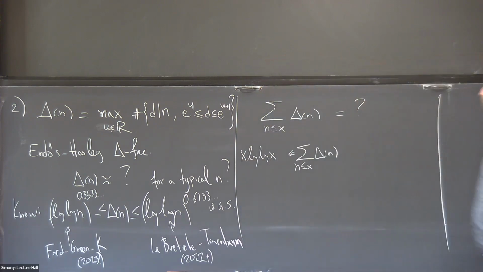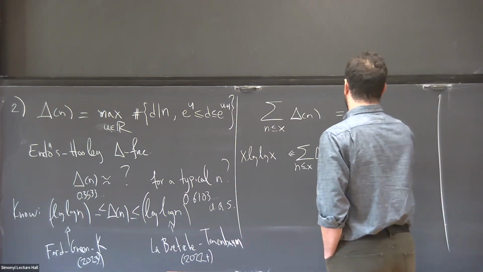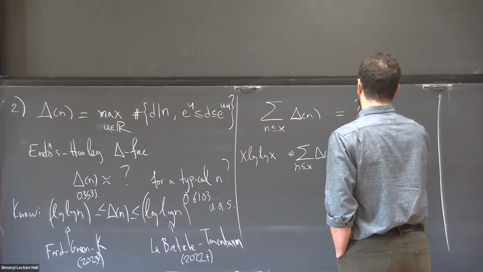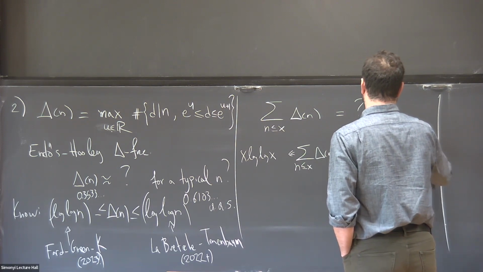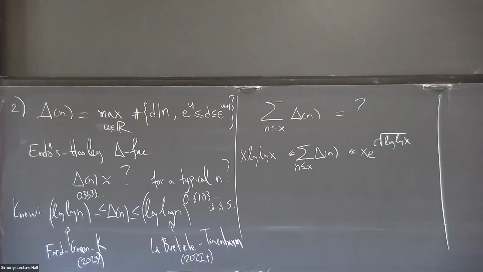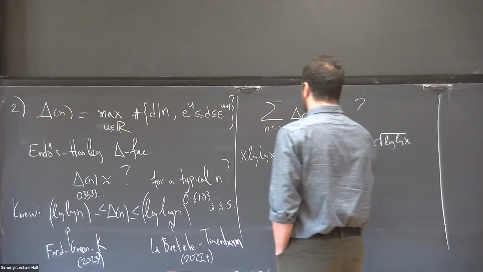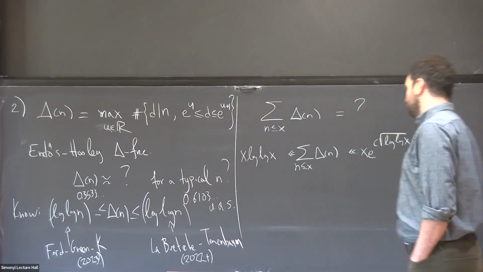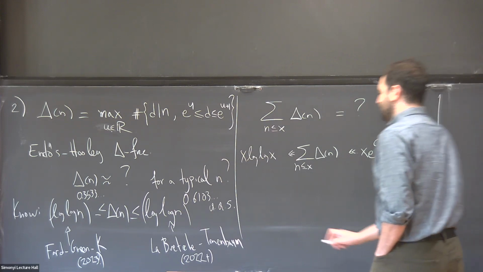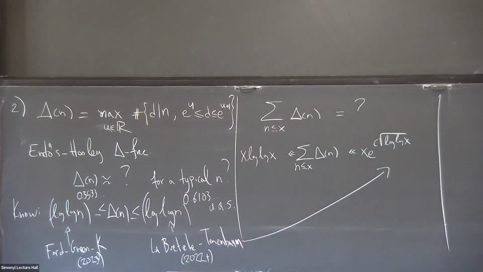We know as a lower bound that it's at least x log log x, and as an upper bound, the best thing is something like x e to the c root log log x. And this appears in the book of Hall and Tenenbaum. I'm not sure what's the right reference for this. And this is the same paper of Hall and Dimitris and Tenenbaum.